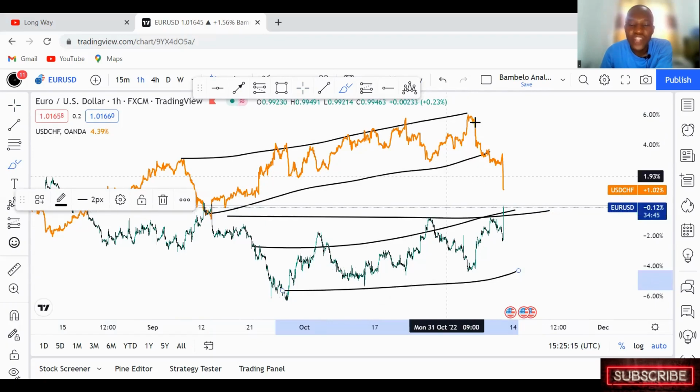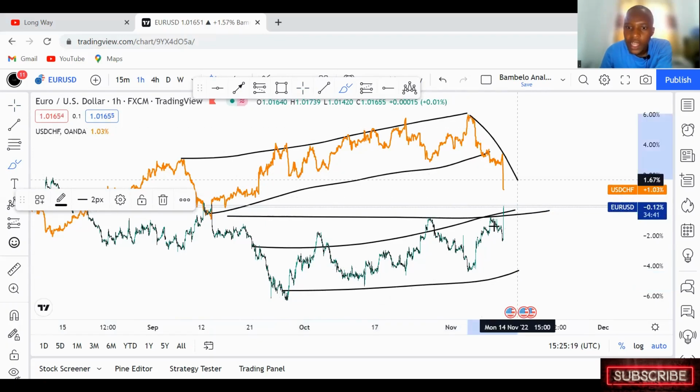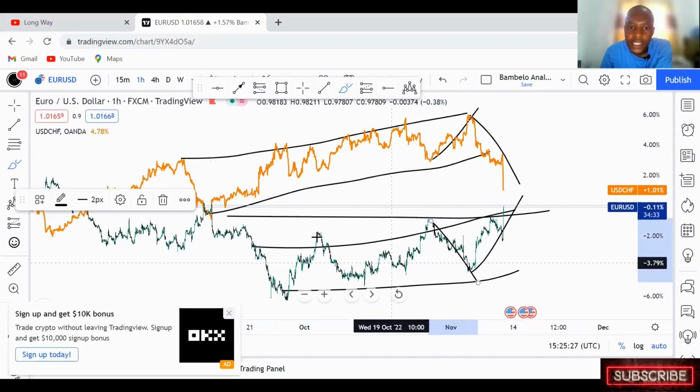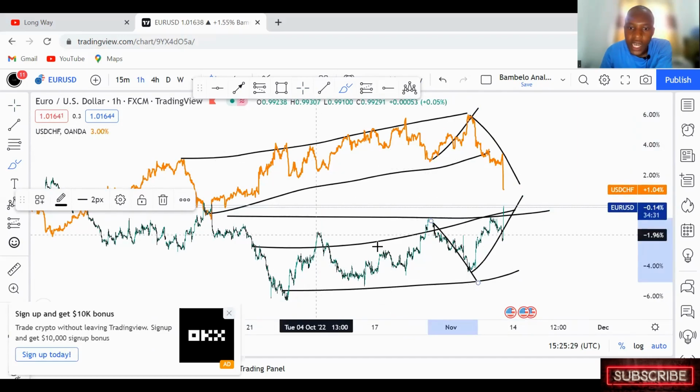Market structure wise it's been going to the upside, but at the current market price it's been selling, and Euro USD has been buying. USD Swiss francs was a buy, Euro USD was a sell, and then it started consolidating to the upside.